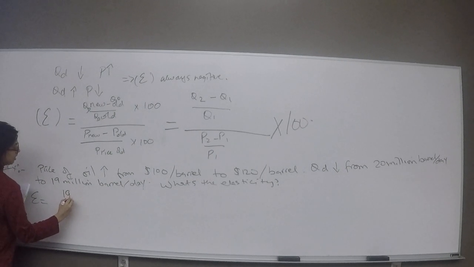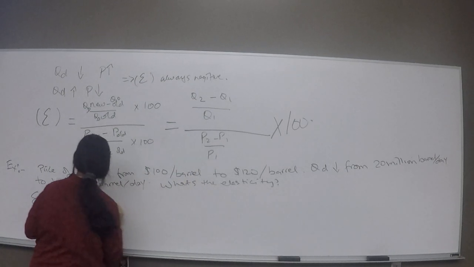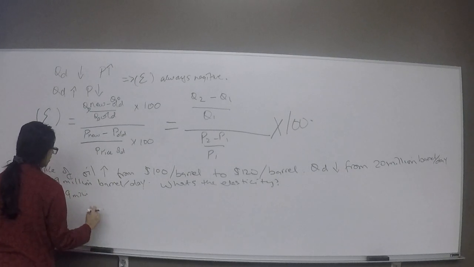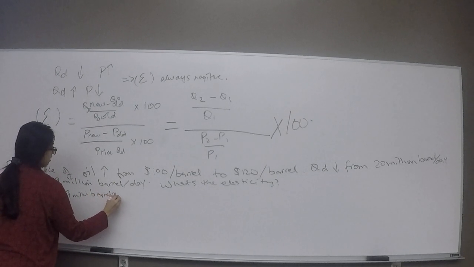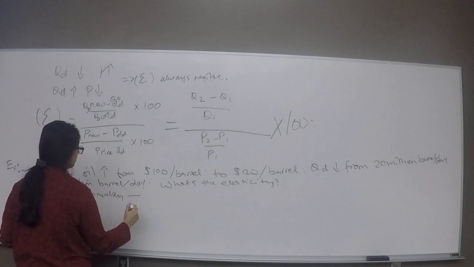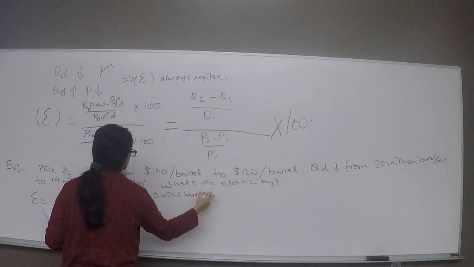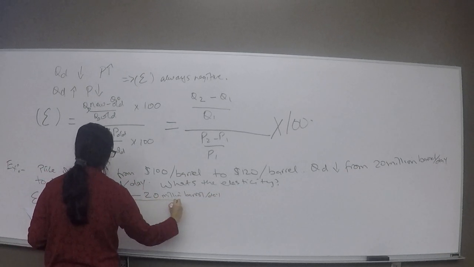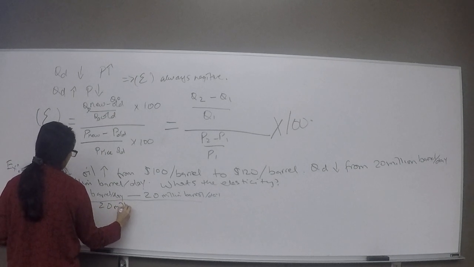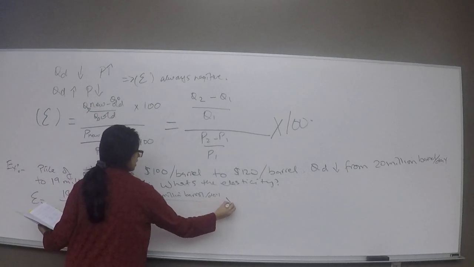So 19 million barrel a day minus 20 million barrel divided by 20 million, times 100.